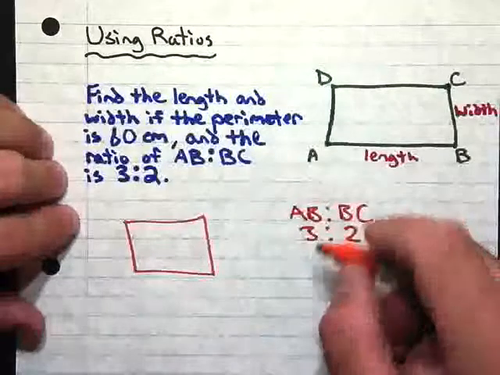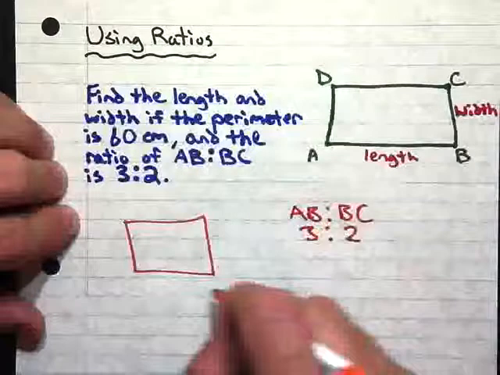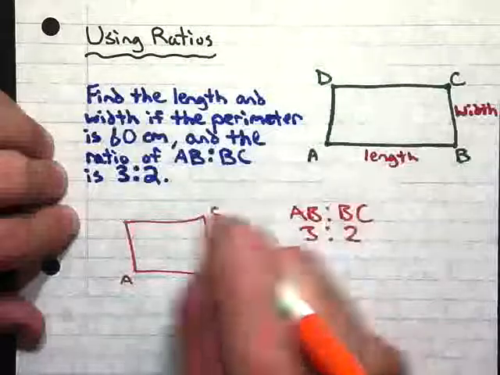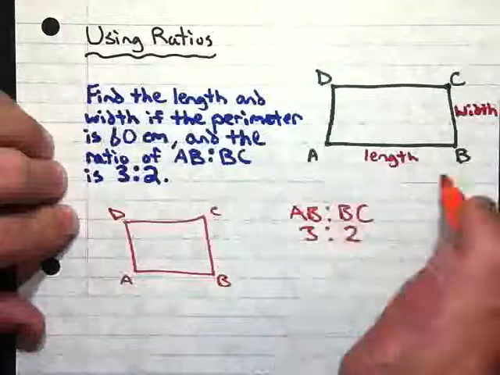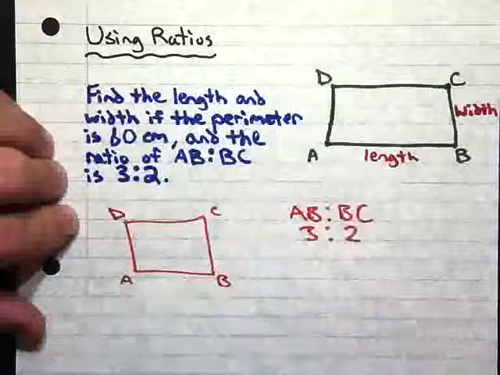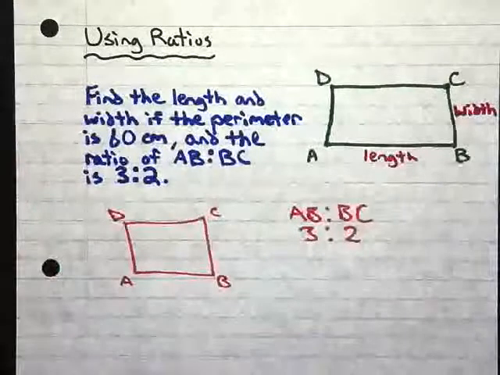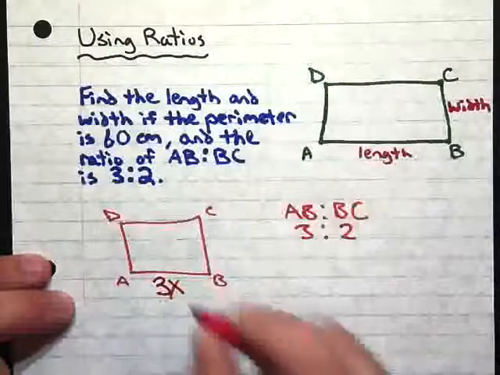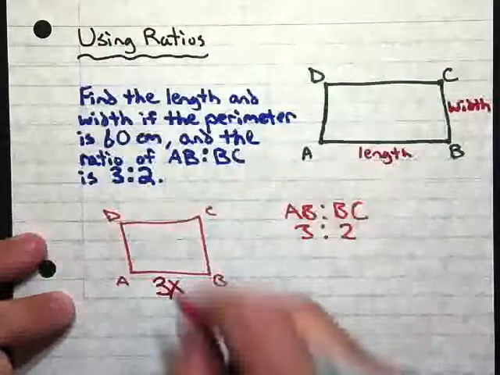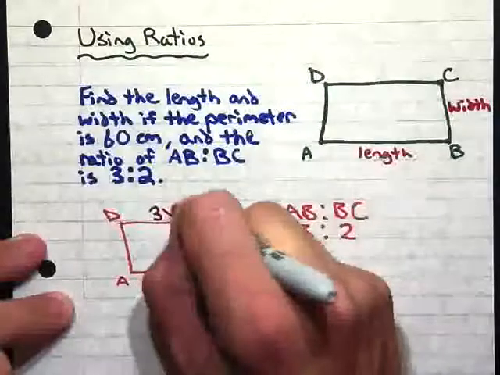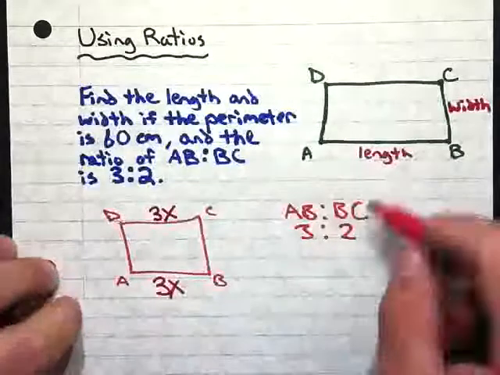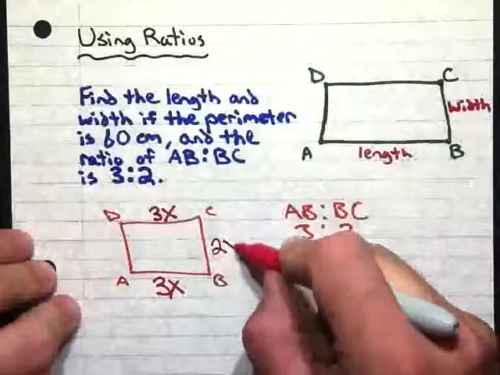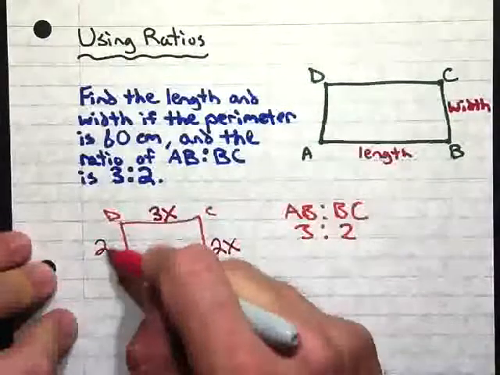Where my length is, AB, I'm going to put 3x. Because it's a rectangle, my opposite side is also 3x. And then BC is 2, so I'm going to make BC 2x, and my opposite side 2x.